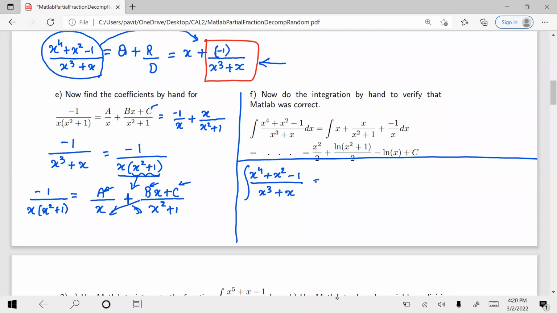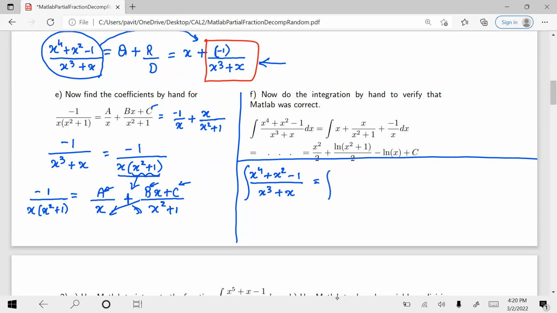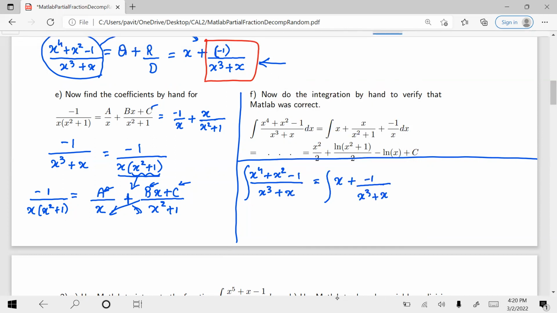We converted this whole polynomial into a simpler function by applying long division, and we got x plus negative 1 divided by x cube plus x, right? This is what we got. But still, this was not in a simpler form.